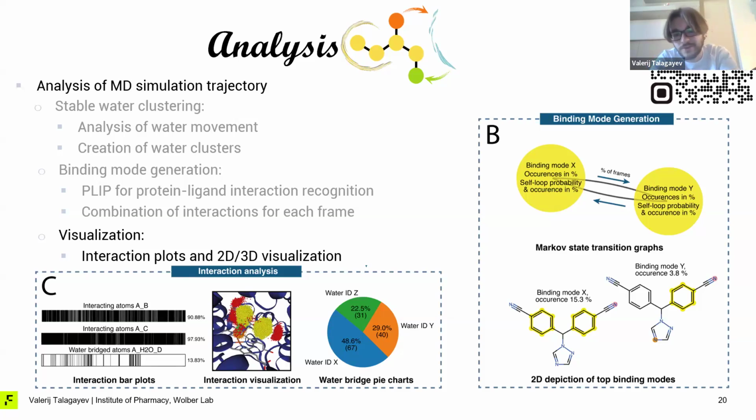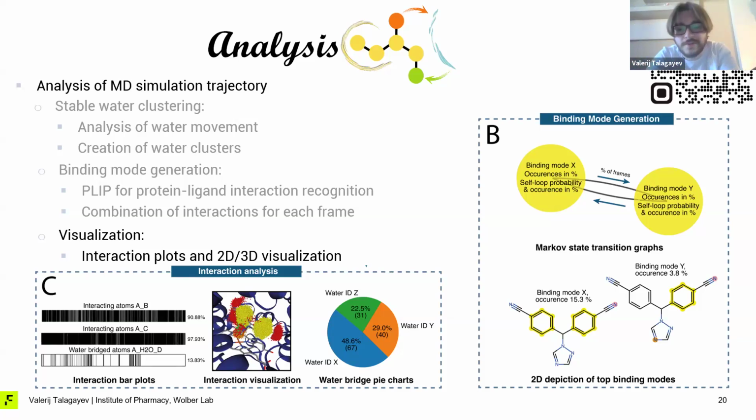And for the water bridge interactions, we obviously also have the water bridge pie charts, because quite often for water bridge interactions either one water molecule does the interaction, or the water molecules move, another water molecule appears, and different waters participate in the water bridge interaction, so that one water molecule replaces the other one.